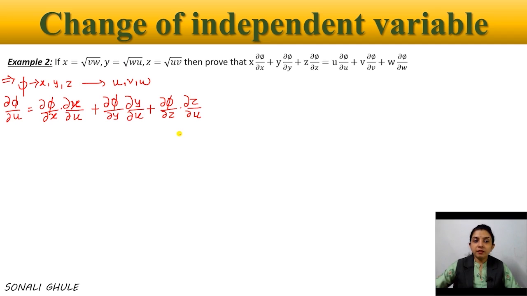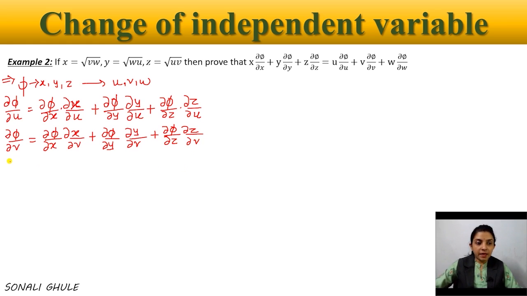So similarly, we can write a chain rule for phi with respect to v. Okay, so write down here the chain rule. Phi with respect to v, I can write phi with respect to x, then x with respect to v, plus phi with respect to y, then y with respect to v, plus phi with respect to z, z with respect to v.